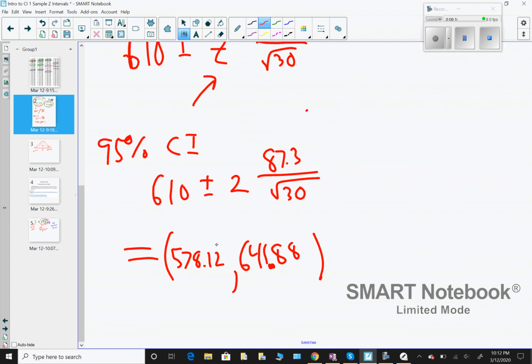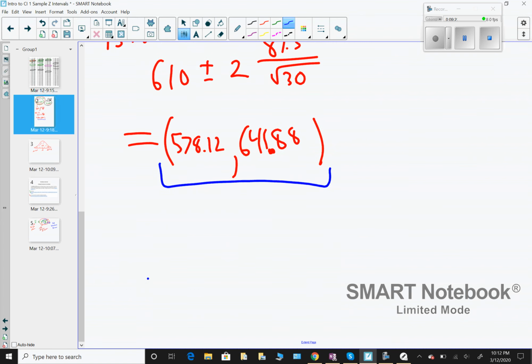So this is the first person's confidence interval. And so they're 95% confident that they've captured the true mean somewhere between these numbers. Now we have the advantage in this case of knowing the true mean. I mentioned to you on the other web page that it's 633. Oops, error there, sorry. It is 633.37, which is indeed in the interval.